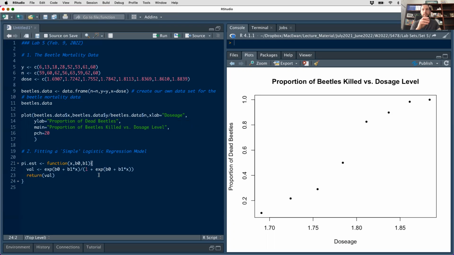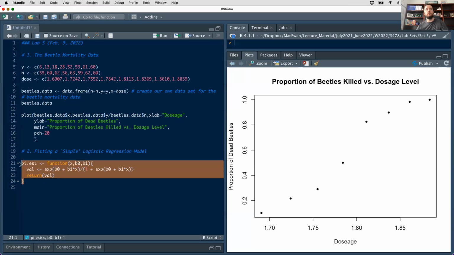In that process, we can simplify the score functions and the information function in terms of the value pi hat, where pi hat is exp of beta 0 plus beta 1x divided by 1 plus exp of beta 0 plus beta 1x. So what I've done is, rather than having to continually code this expression within my IWLS procedure, I've built a separate function that will directly compute pi, such that I can just reference this function and call that within my IWLS procedure.